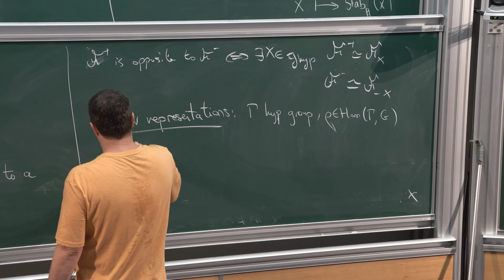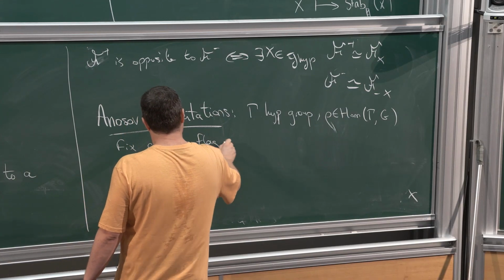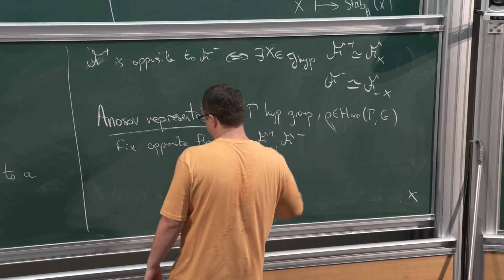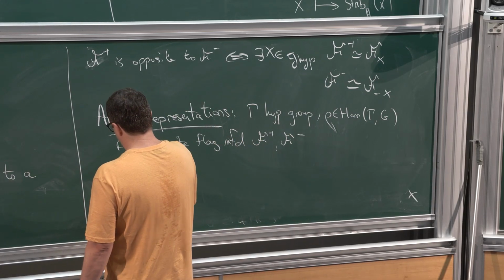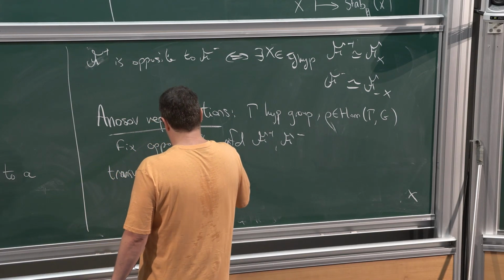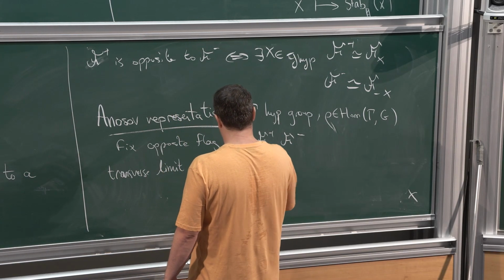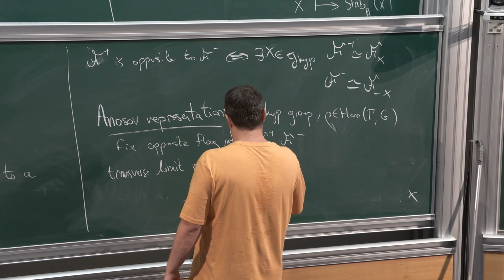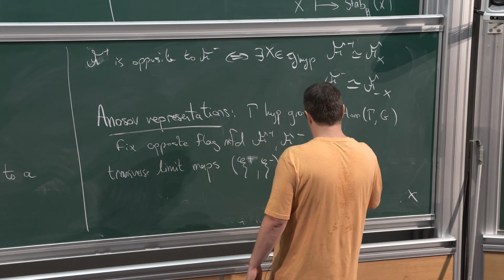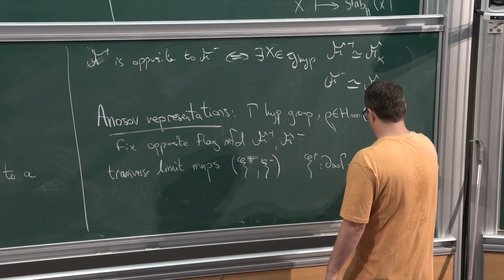So fix some opposite flag manifolds, f plus and f minus, and you'll have the same notion of transverse limit maps. Maybe we'll want to call them xi plus and xi minus now. Right? Well, xi plus is from the boundary of gamma to f plus.